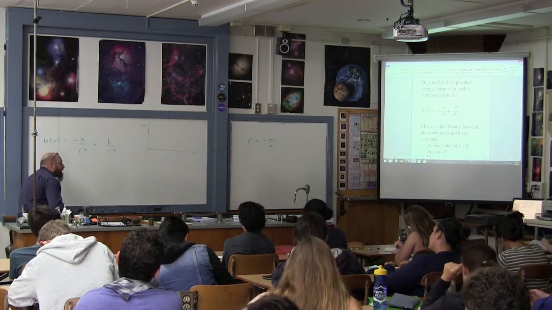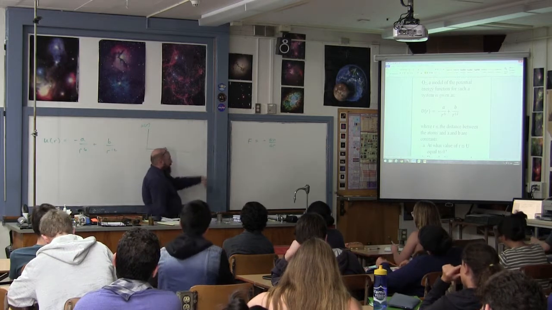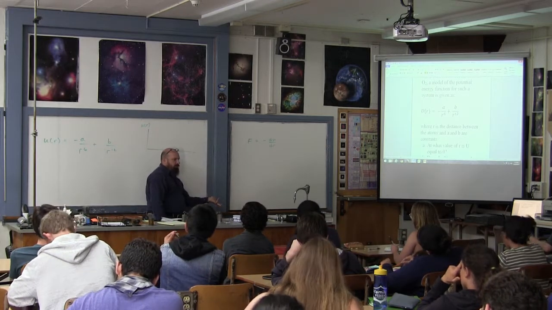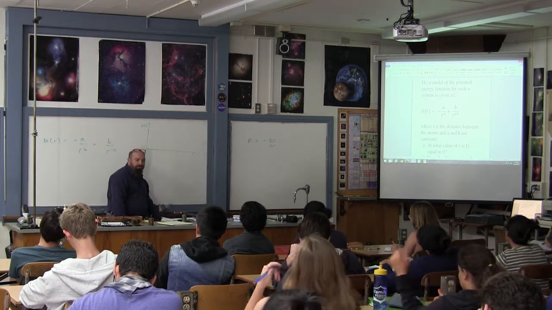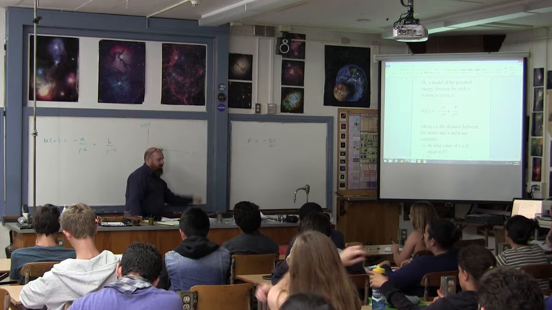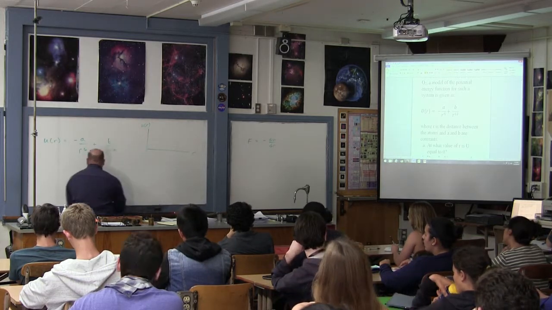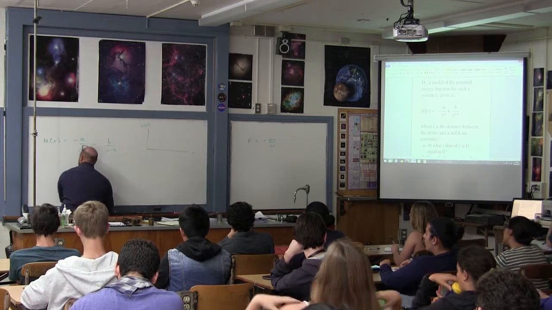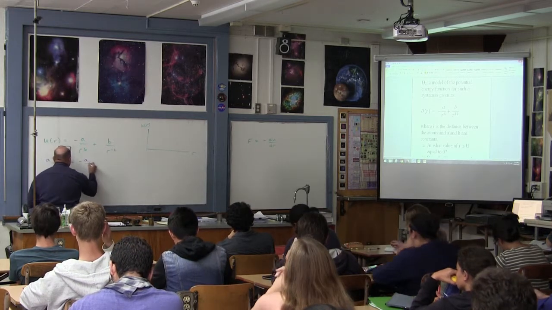Okay, the first part of the problem is to figure out at what value of r the potential energy is equal to 0. In other words, somewhere on this diagram, my potential energy function is going to cross this axis in some way. We want to figure out where that is. Well, easy enough. All we have to do is set the potential energy here equal to 0, like so.